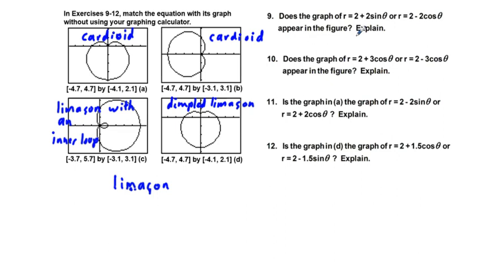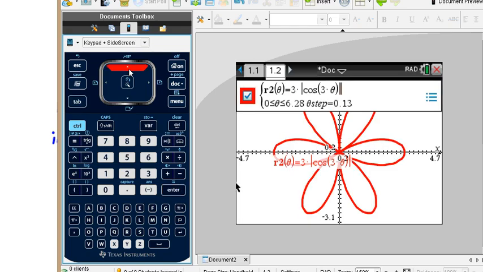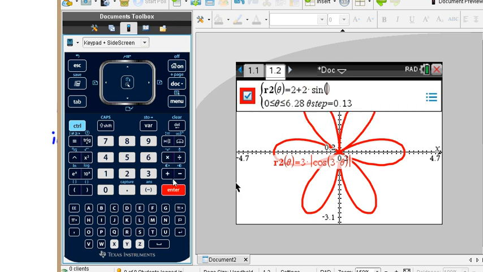Does the graph of r equals 2 plus 2 sine theta or r equals 2 minus 2 cosine theta appear in the figure? Explain. Well, let's just go ahead and graph and see if they do. I'm going to go to tab, come up here, and we're going to have 2 plus 2 sine theta.